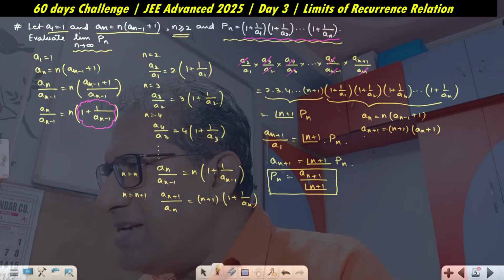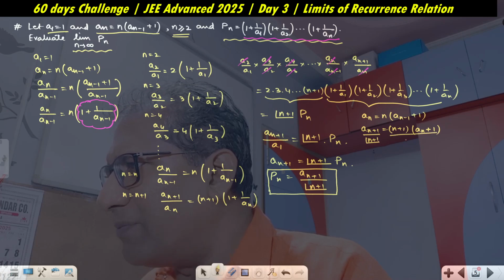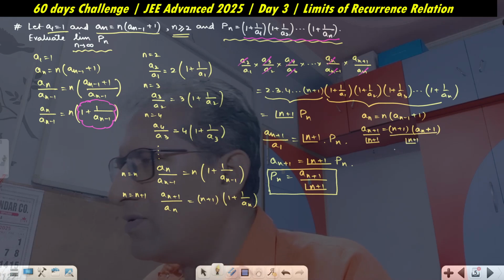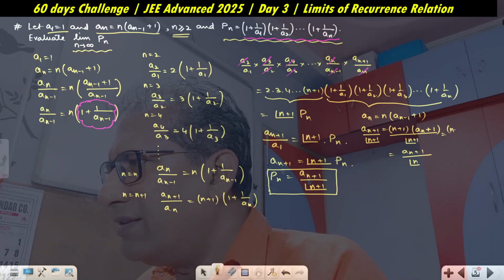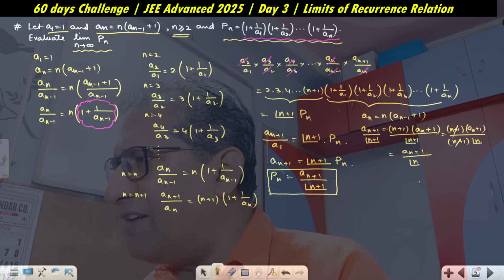Now, let me divide both sides by factorial n plus 1. So what we are having? An plus 1 divided by factorial n plus 1, because this can be written as n plus 1 into factorial n. So this and this will go off. So we are left with this.